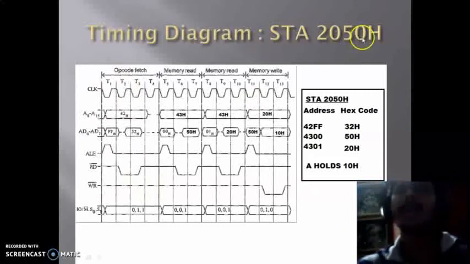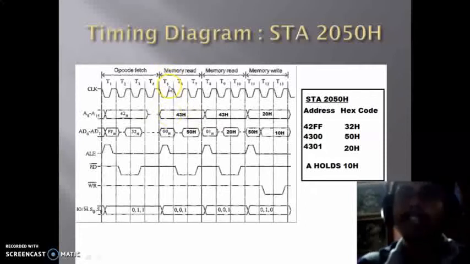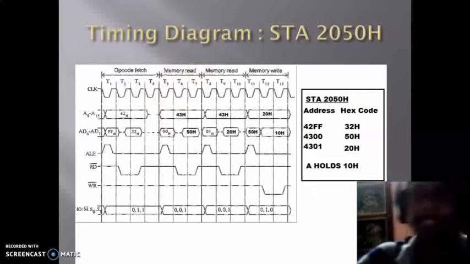Next, we have to fetch the lower order address first, then the higher order address. Here the lower order address 50 is stored at 4300. The 43, the higher order address, will be placed in the T5 T state, the first T state of the first memory read machine cycle of this instruction, and next 00H is placed on the lower order address.